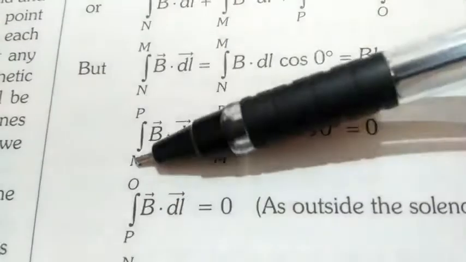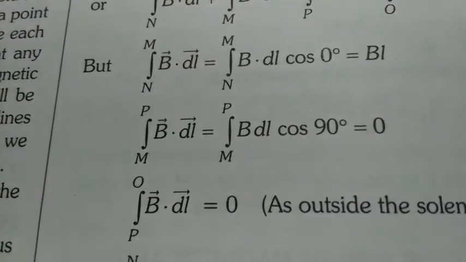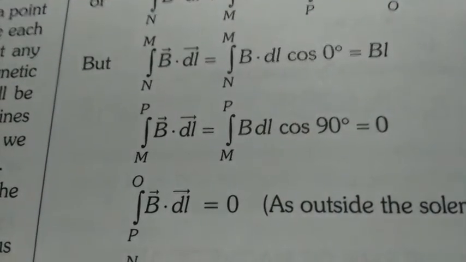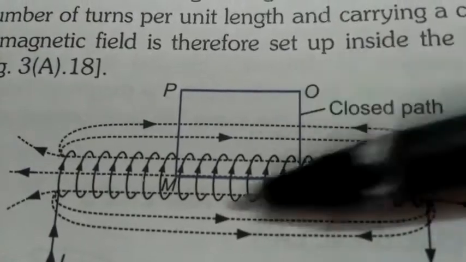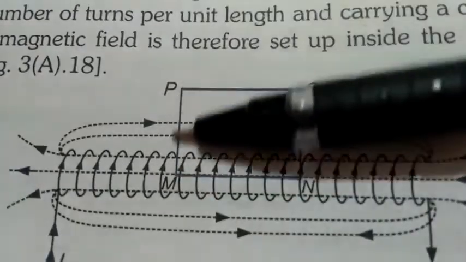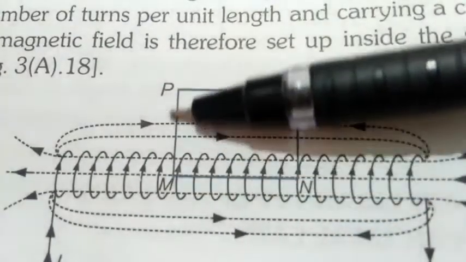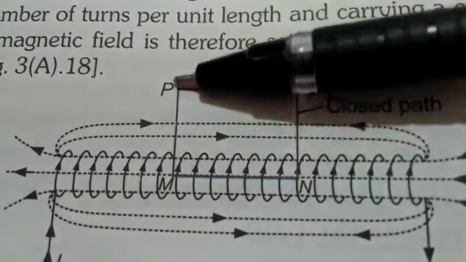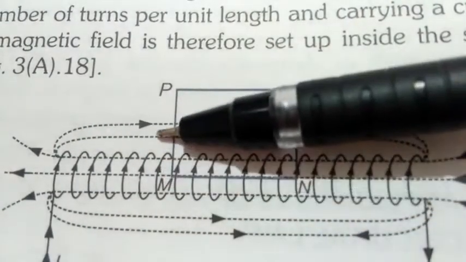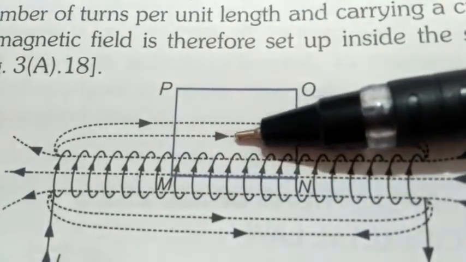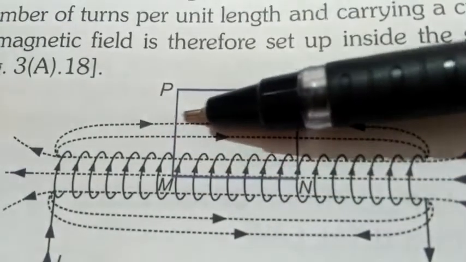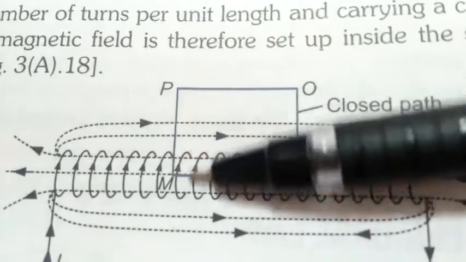But when we talk about PM, this part of the closed path, here you can see this is PM. Okay, this part PM is in a vertical position and the magnetic field is in a horizontal one, so the angle between them is 90 degrees.